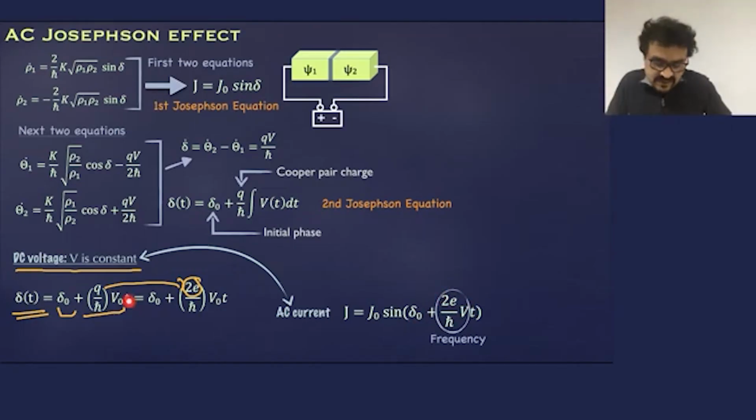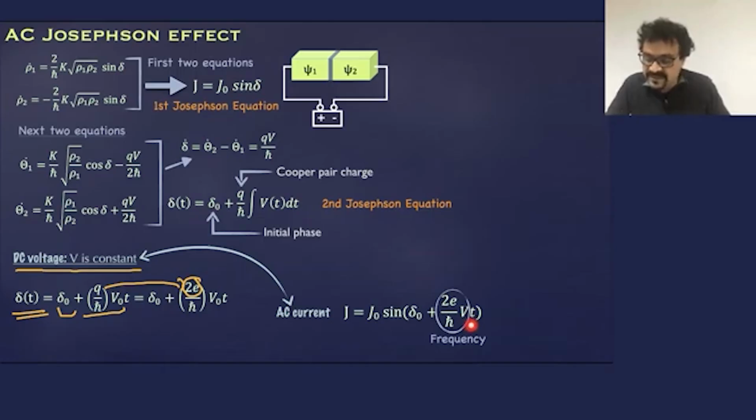So when you substitute this in the first Josephson equation, what we are seeing is that the current is oscillatory, because you have the delta term as the argument of the sine term, which is going to oscillate. The current is going to oscillate over time.